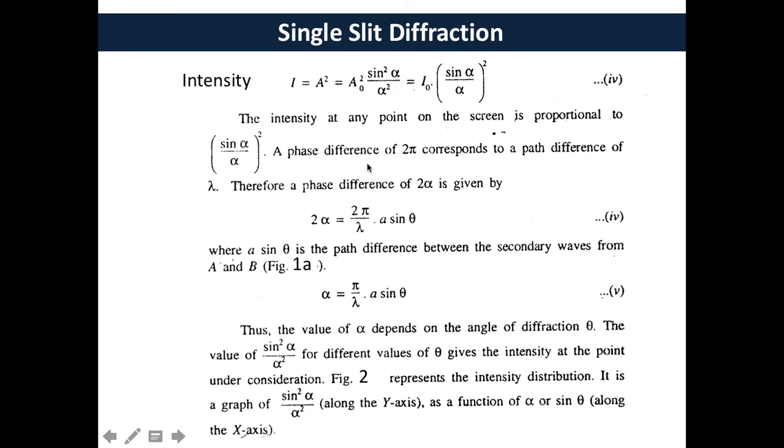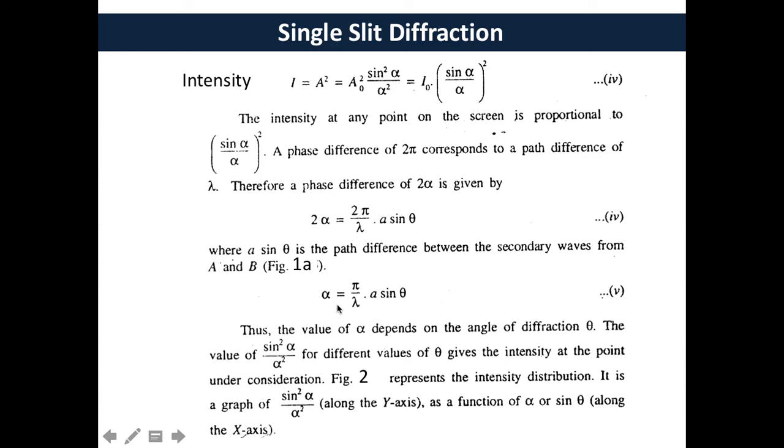Now you know the phase difference of 2 pi corresponds to the path difference of lambda. Therefore, the phase difference 2 alpha is equal to 2 pi upon lambda times the path difference a sin theta, where a sin theta is the path difference between the secondary waves from A and B, figure 1a.